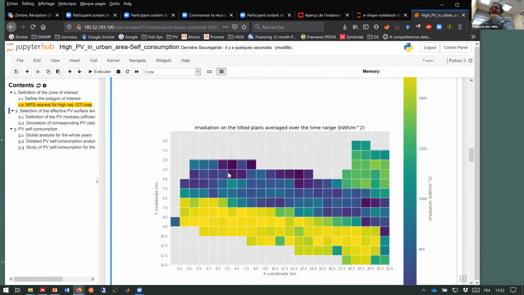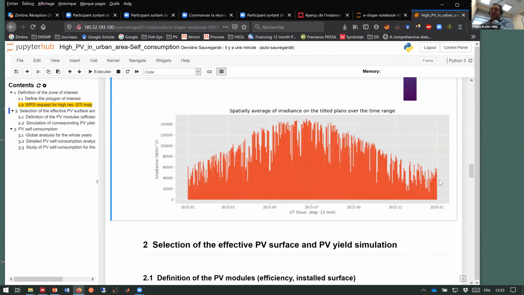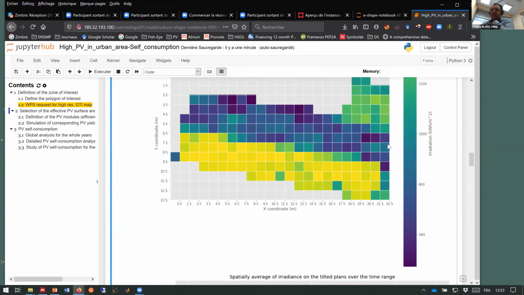Okay, this is very important because we will use this information to eventually select the PV module I will want to install in my simulation. And as time variability, you can see 1 year of data averaged out for the whole pixel here. We will see the square meter of this surface afterwards.